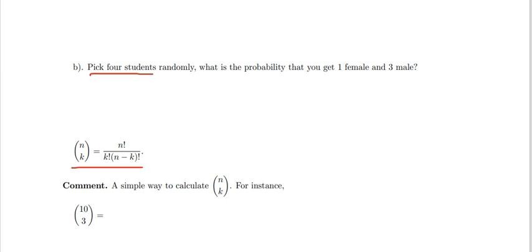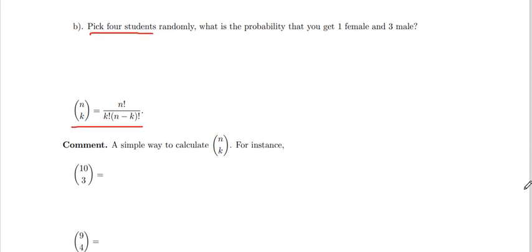It is n factorial over k factorial times n minus k factorial. For example, 10 choose 3 means 10 factorial over 3 factorial times 7 factorial. We cancel 7 factorial, so we can use this formula.